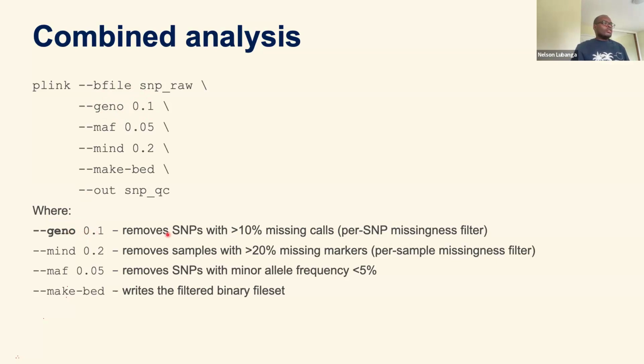Geno 0.1 will remove SNPs with more than 10% missing calls, that is the per SNP missing filter. Then mind 0.2 removes samples with 20% missing markers, and then maf 0.05 for minor allele frequency. This will write the filtered file into bed format, and that's what PLINK works with.